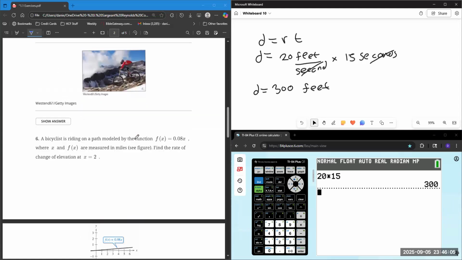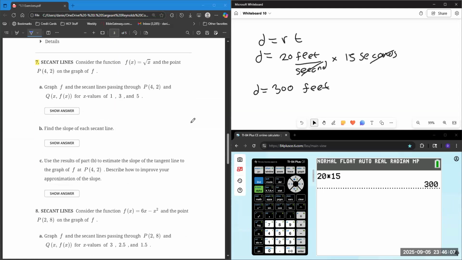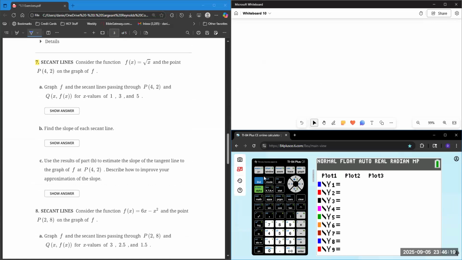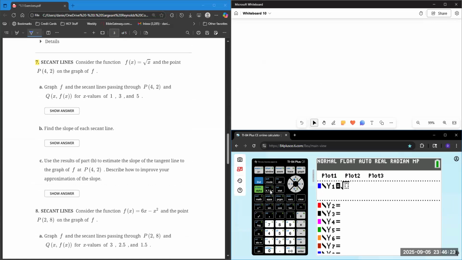Let's go ahead and look at our next problem, problem 7. We have secant lines here. So it'll help us to go ahead and plot this function here, y equals the square root of x.